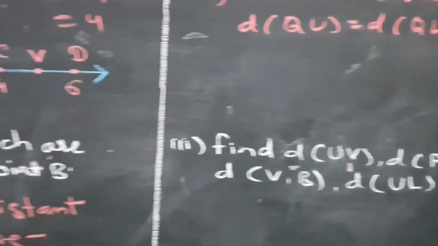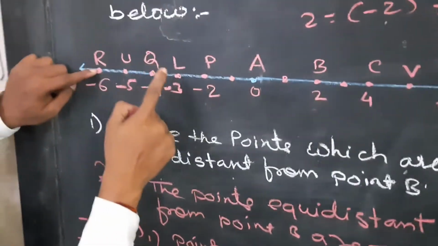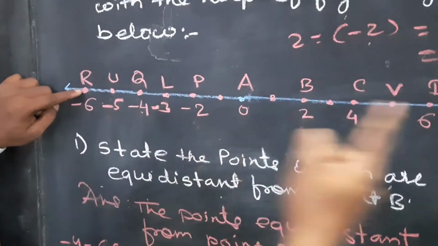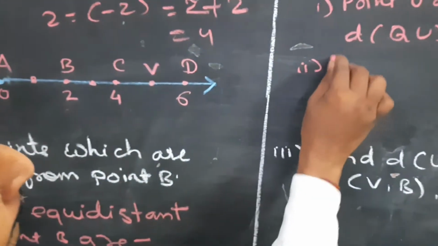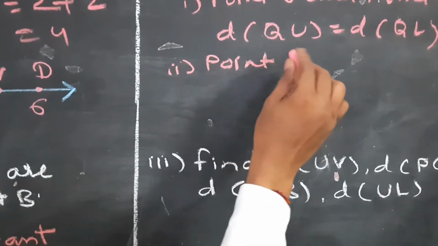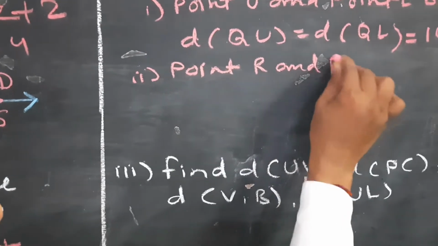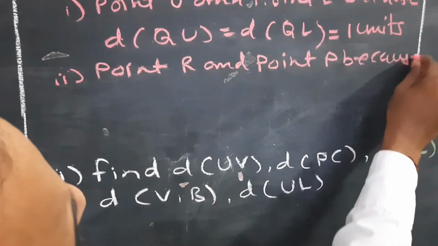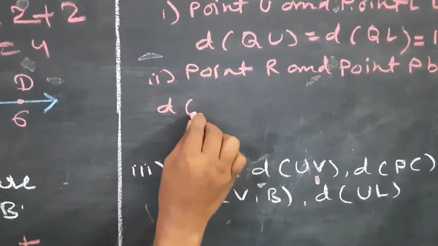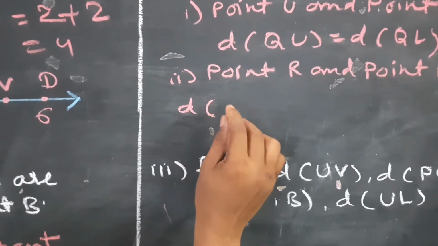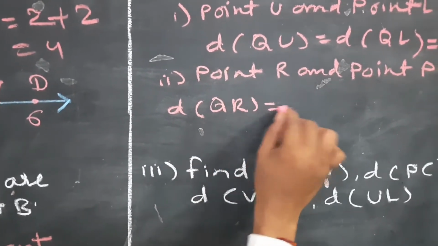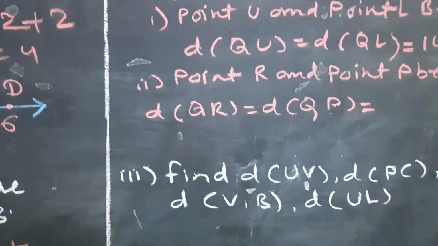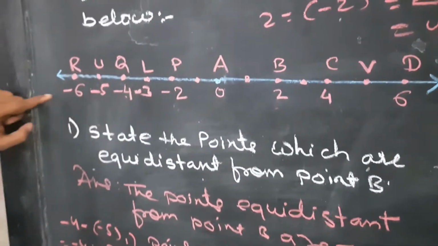Similarly, point R and point P will both be equidistant from point Q. So your second pair will be point R and point P. Again you have to state the reason, because the distance QR is equal to QP. See, R is -4 and P is -6.